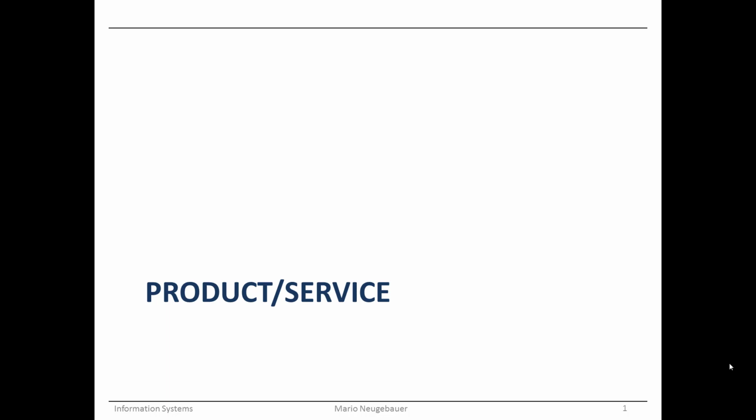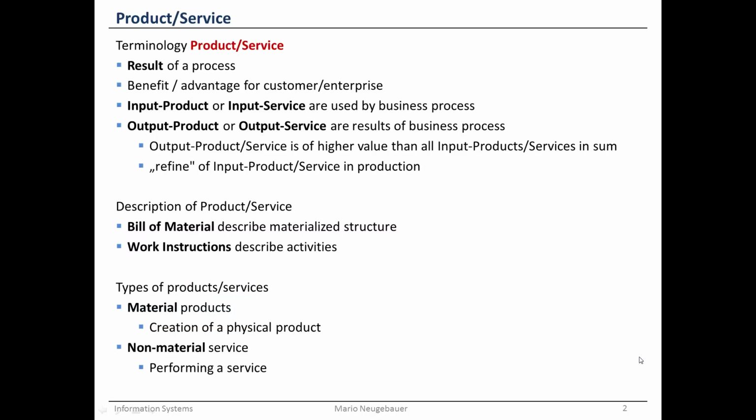One part of the ARIS house is the product and the service view, and this part is located in the bottom area of the ARIS house, so it's, so to say, the foundation of the ARIS house. If you look at this product or service view, it refers to a result of a process.